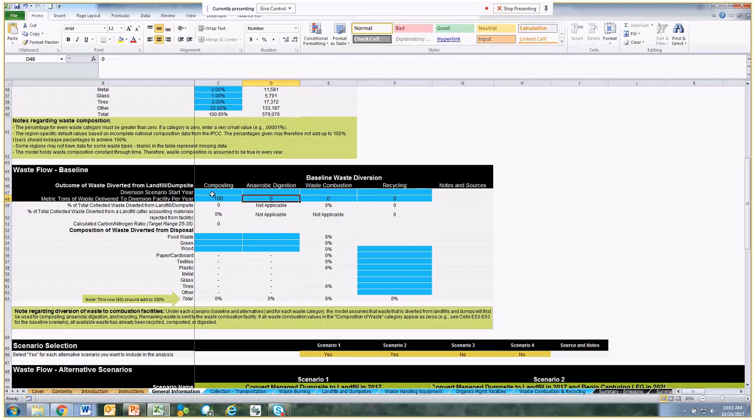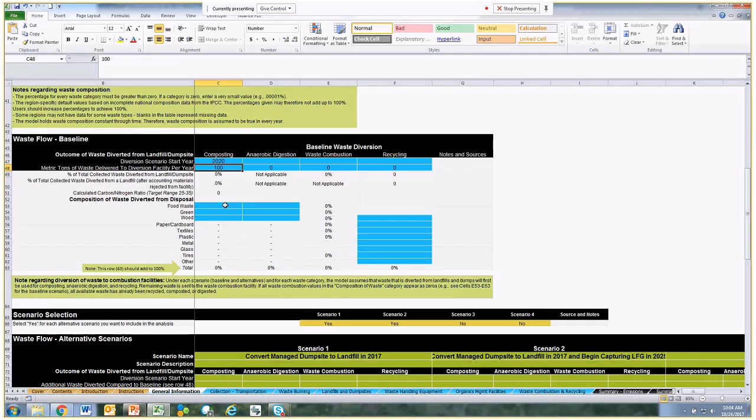And we ask that you provide that information for a baseline scenario. So for composting, you may say that beginning in 2020, we want to begin diverting 100 metric tons per year. We're going to have 95% food waste, 0 green, 5 wood. And that's your baseline.